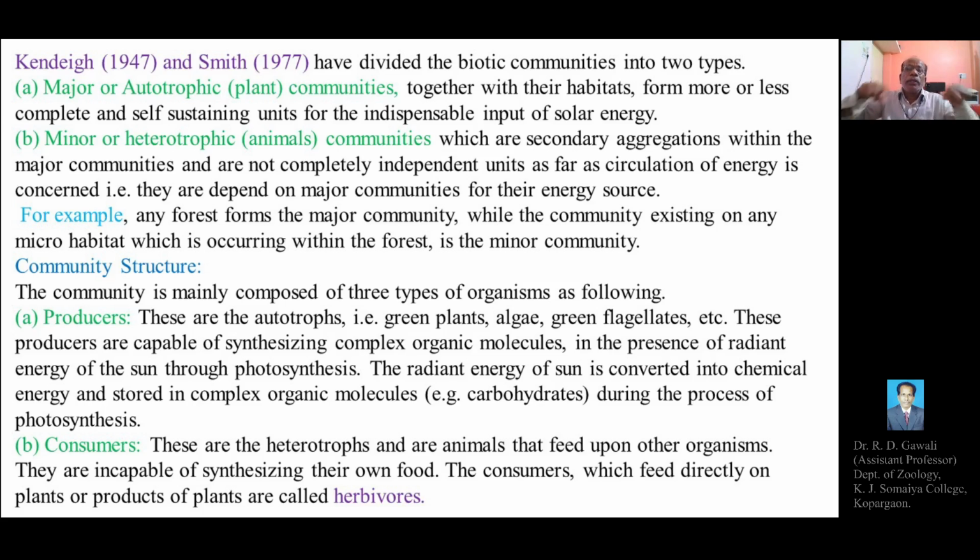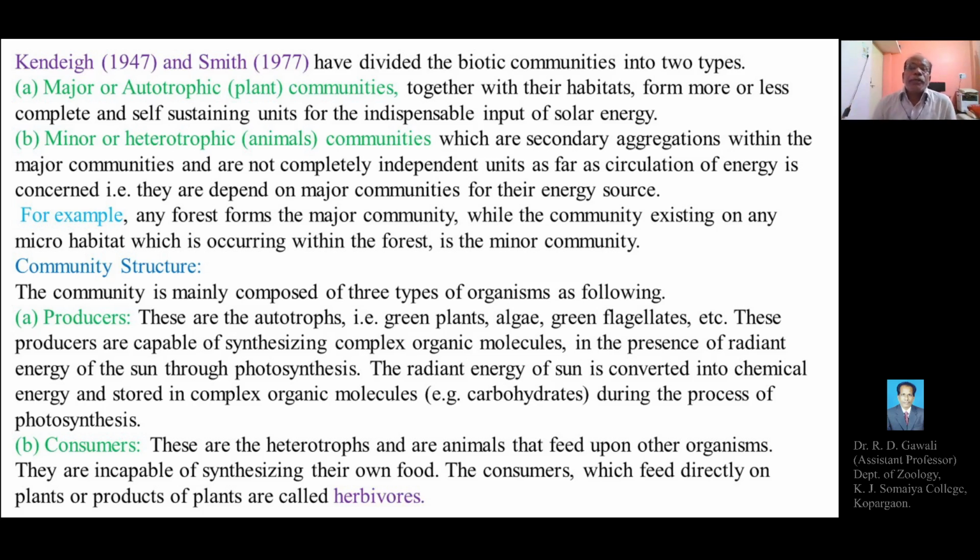The large area of the forest forms the major community, and any restricted region in the forest, a microhabitat or secondary community, is the minor community, which might contain secondary aggregations of animals dependent upon the autotrophic plant communities present in the respective microhabitat or the total area of the forest.